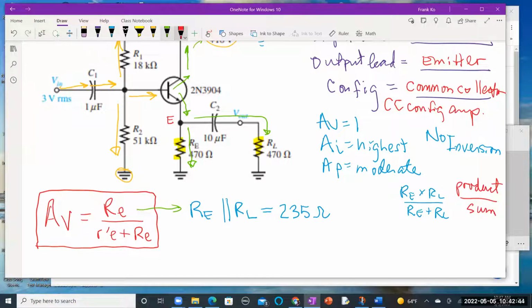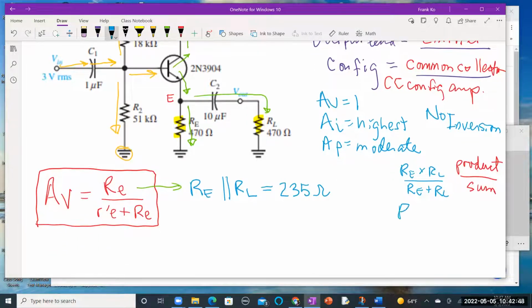Another shortcut is known as Rx divided by N, and this applies to parallel resistors of the same values.